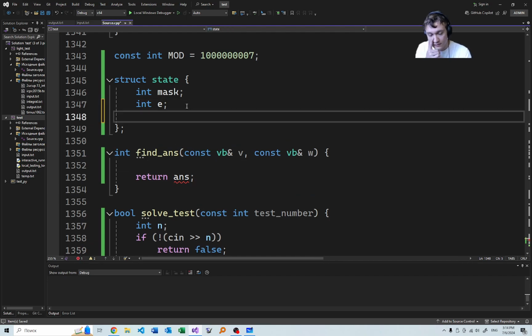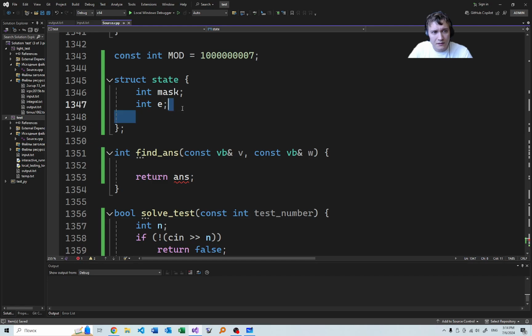Also let's make something for, okay, never mind. State is a state.